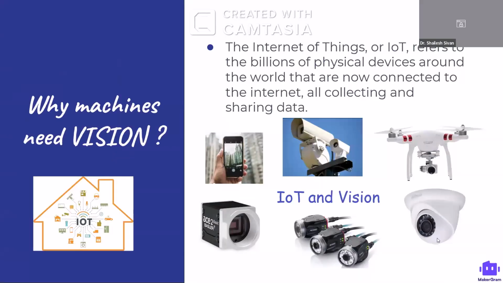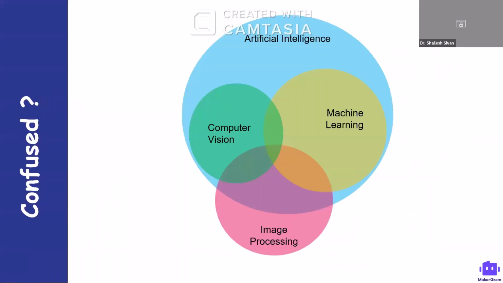Particularly in any device like IoT or a mobile phone, there is a vision-based sensing technique, mostly with phones, cameras, and other image acquisition devices. Most of the data collected from these devices is processed using image processing and computer vision.